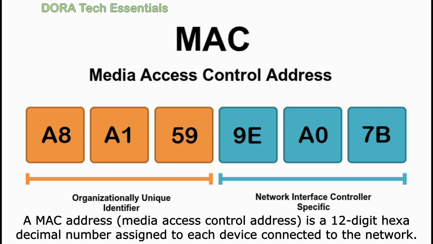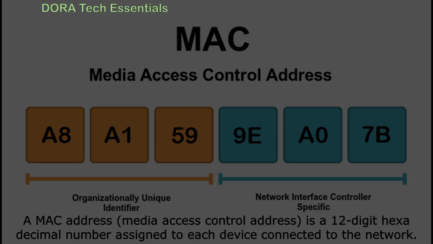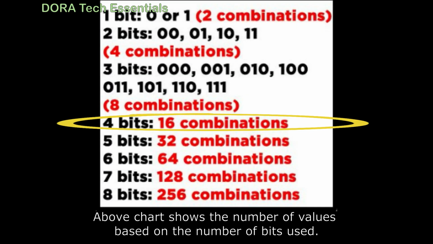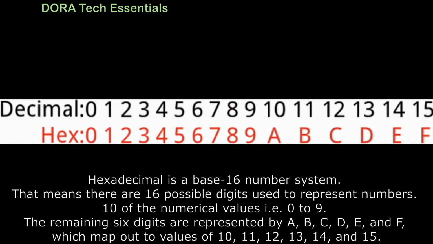A MAC address, Media Access Control Address, is a 12-digit hexadecimal number, assigned to each device connected to the network. Above chart shows the number of values based on the number of bits used. Hexadecimal is a base 16 number system.